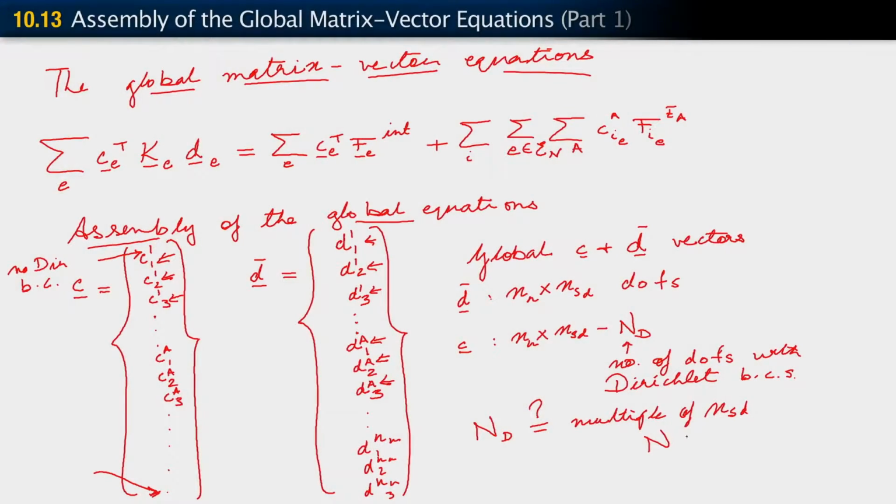The reason I'm asking is that I want you to think about whether Dirichlet boundary conditions have to be applied to all 3 degrees of freedom at each node. The answer is no, because we could apply Dirichlet conditions on a particular coordinate direction at a point and not on the others. So this answer in general is no.